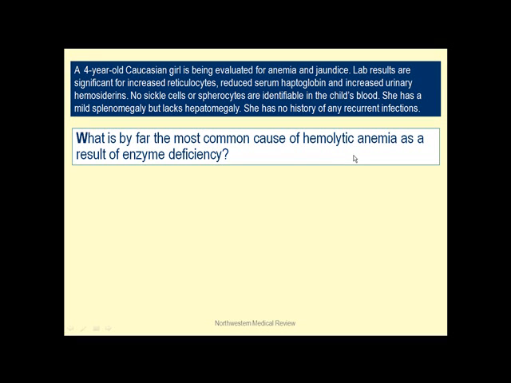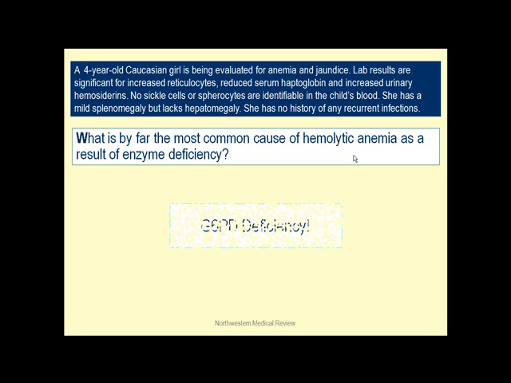What is by far the most common cause of hemolytic anemia as a result of enzyme deficiency? You have a patient who has hemolytic anemia. We know it's an enzyme deficiency. What would be your answer? I give you a hint. Is X linked?